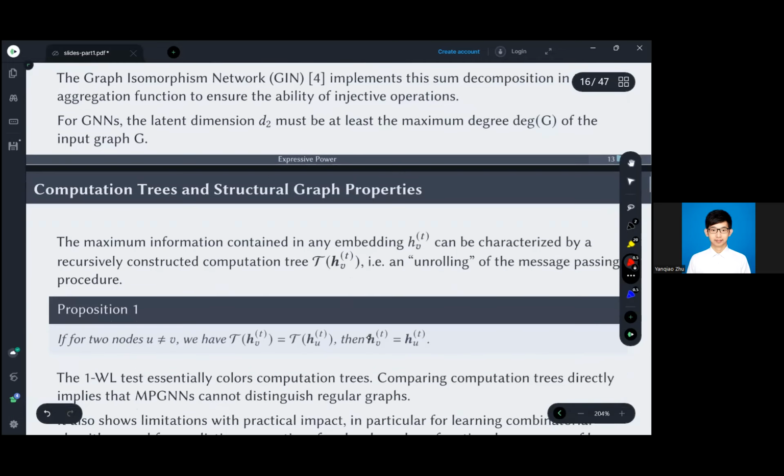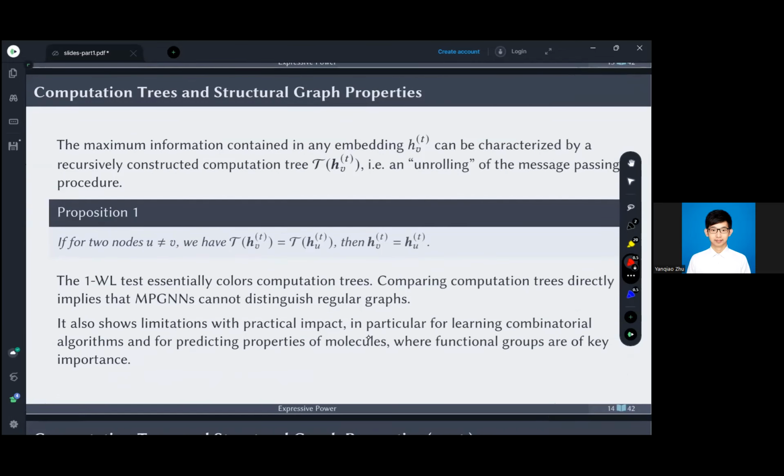Another implication from the connection of the one-dimensional Weisfeiler-Lehman test to the graph neural network model is that we are actually comparing computation trees with the structure of the input graph.